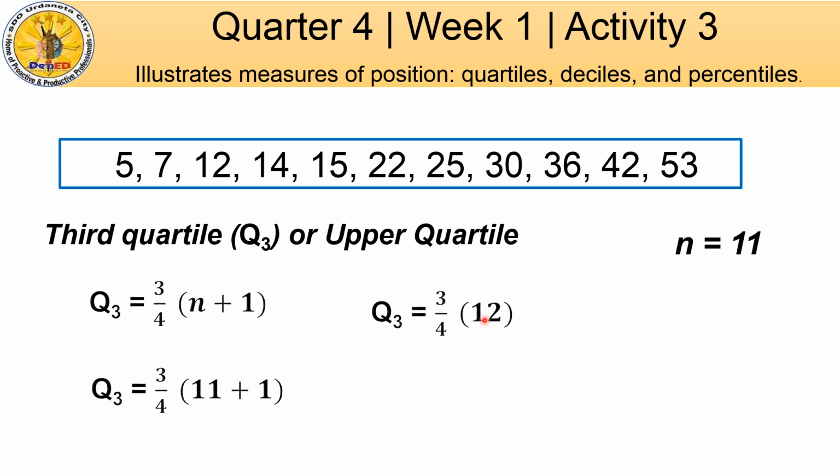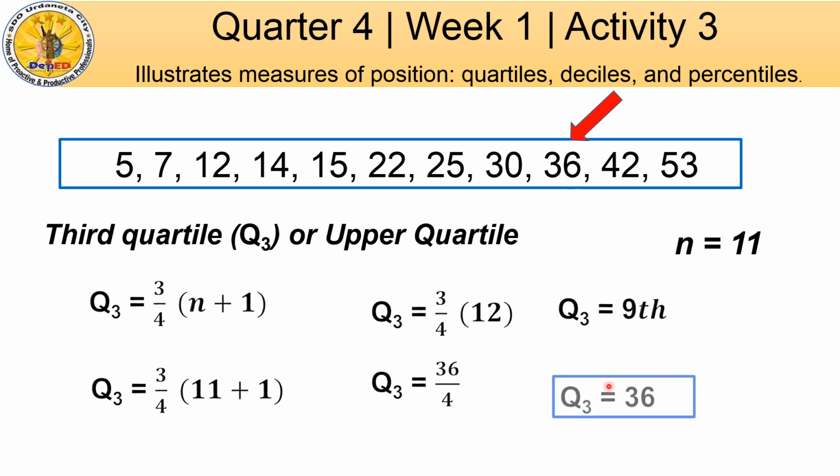Multiply 3 by 12, which is 36, divided by 4. Then your quartile 3 is located at the ninth data: 1, 2, 3, 4, 5, 6, 7, 8, 9. This is your ninth data, meaning your quartile 3 has a value of 36.